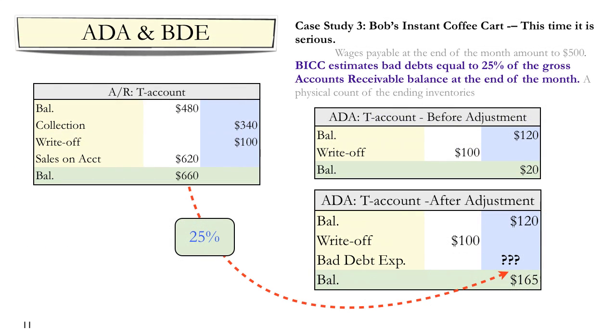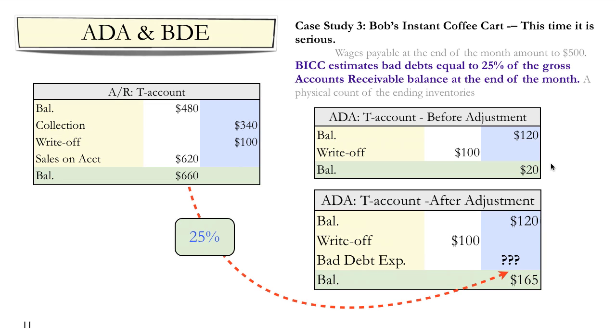The allowance for doubtful accounts and bad debt expense is another transaction worth taking a second look at. Currently, the allowance for doubtful accounts has a balance of $20 in it. However, the policy for BICC is to recognize 25% of the gross receivables at the end of the month as allowance for doubtful accounts.